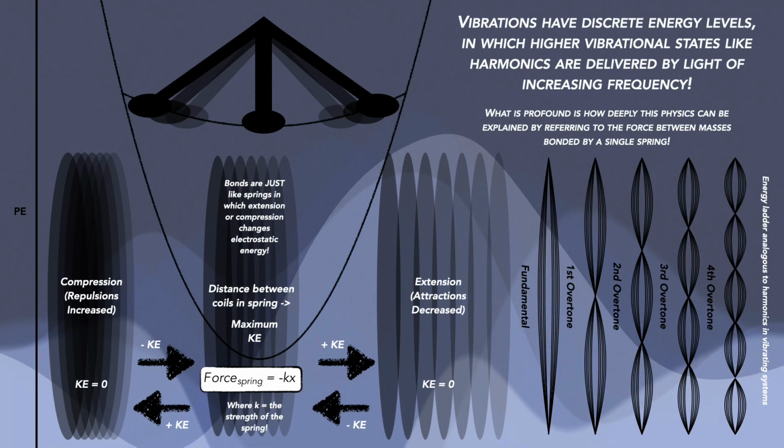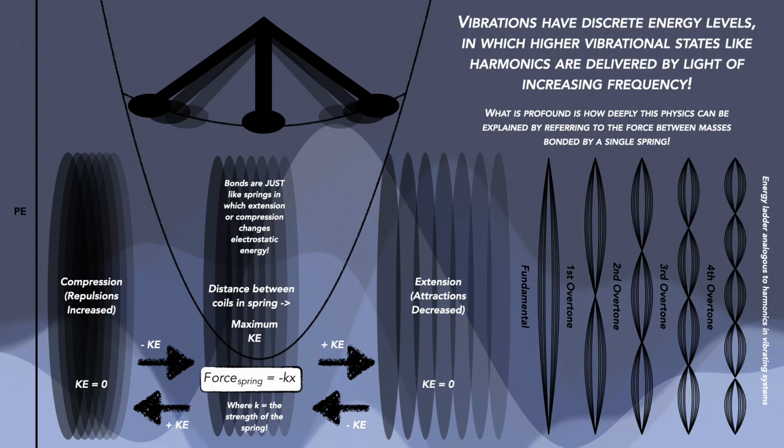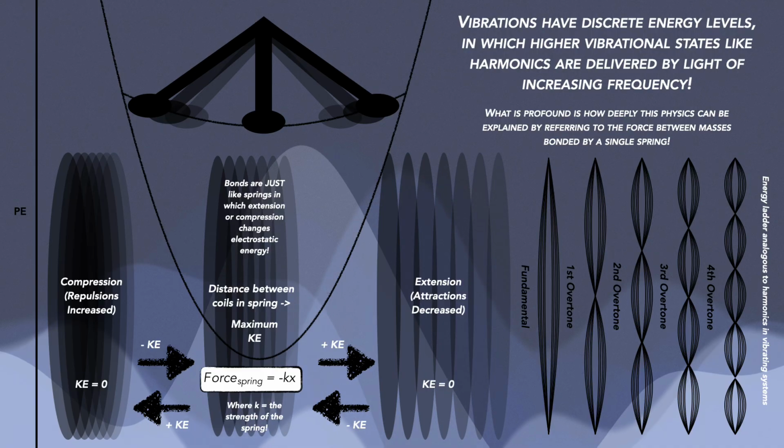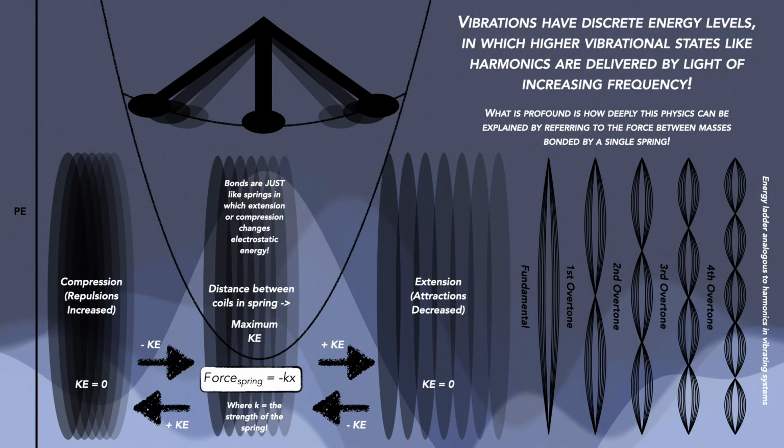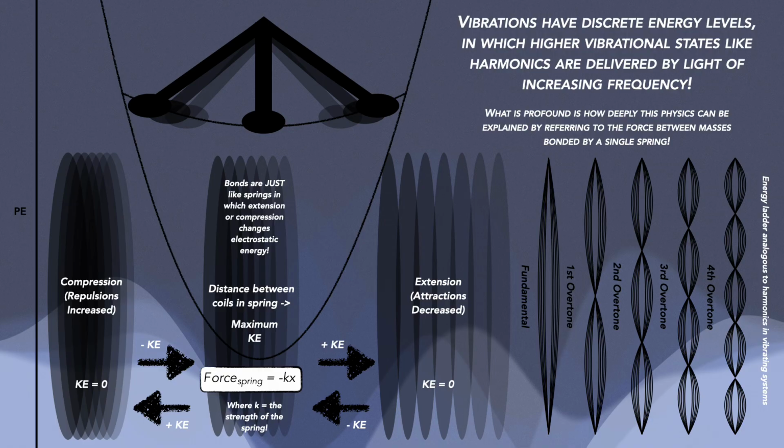Incredibly, the physics that we use to describe springs matches exactly to what goes on when molecules absorb IR light and vibrate. When two atoms are bonded together, they behave almost exactly like two masses connected by a spring.